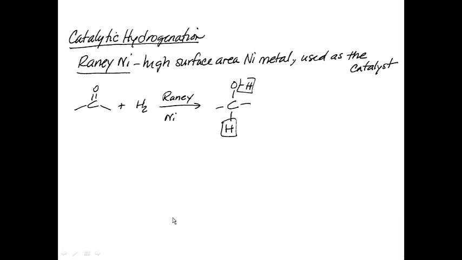Now, the last topic I think for today is reductions of the carbonyl functional group. In organic chemistry, we have to define oxidation and reduction a little bit differently than we did in general chemistry.